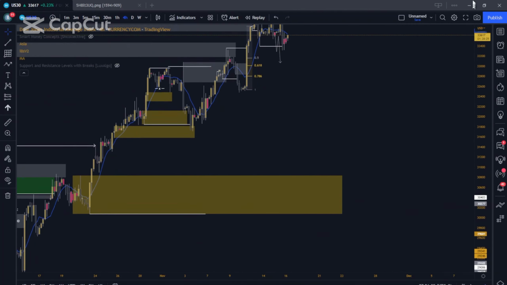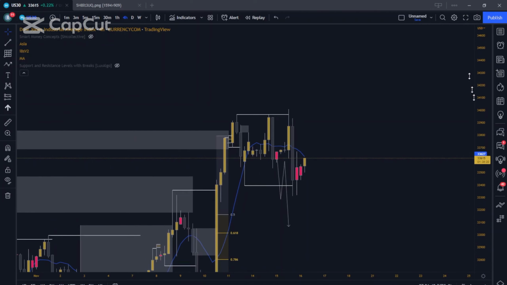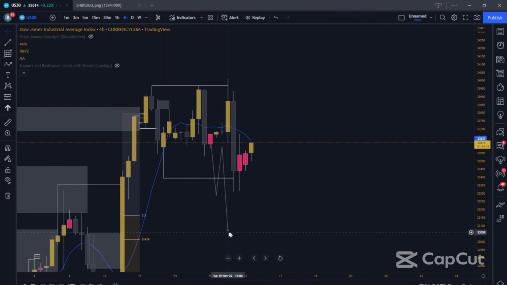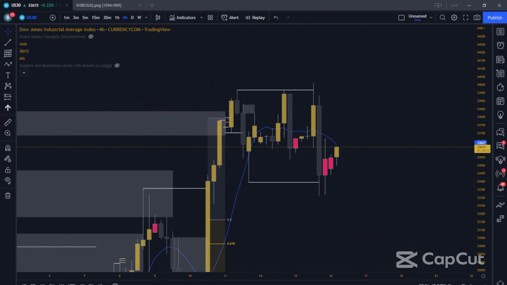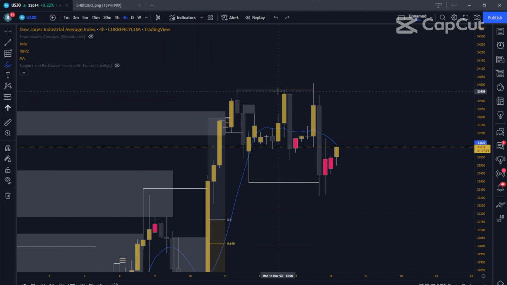US 30. Okay, we've had our change of character on the US 30. Here's a high that was put in. Here's a low that was put in. If you go on the 1 hour, you can see that price came in, respected this, but ultimately ended up creating equal highs. Those equal highs got liquidated.